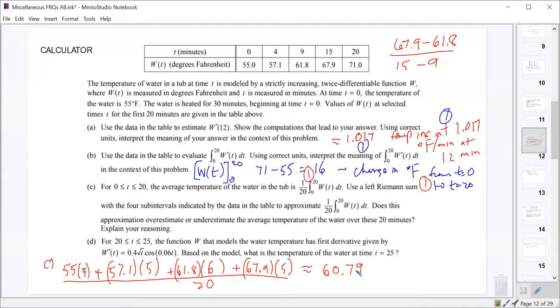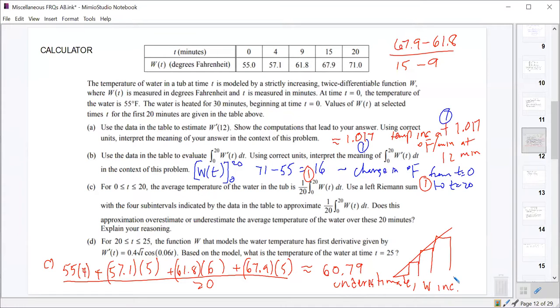Okay. And is this an over or an underestimate of the average temperature? The function is increasing, so a left Riemann sum should underestimate. So this should be underestimate, and you would give a reason: the function is increasing.